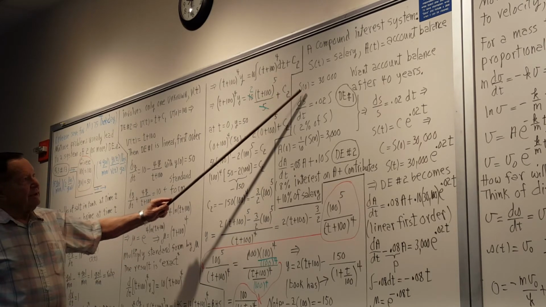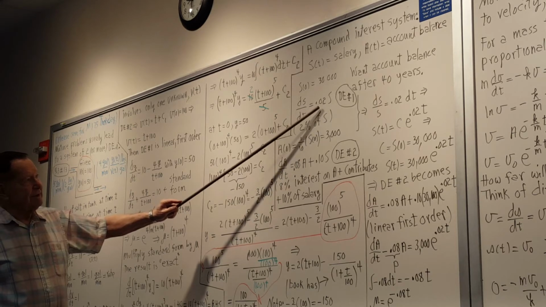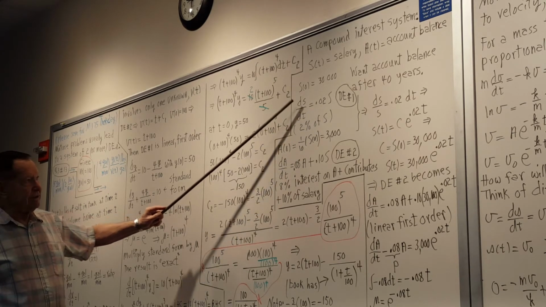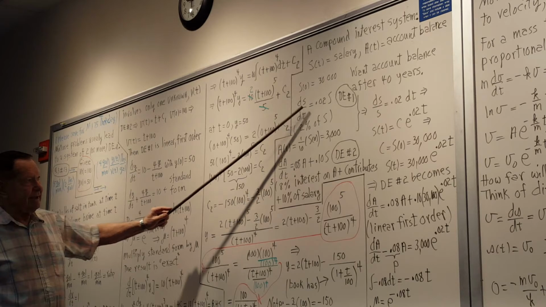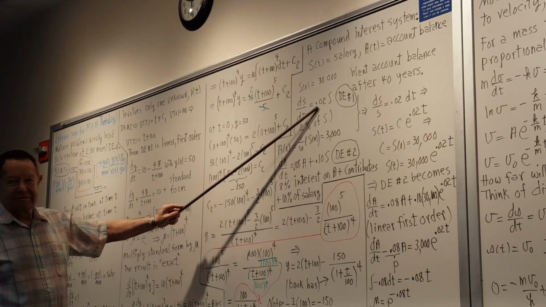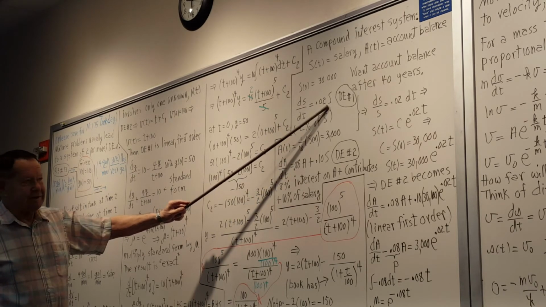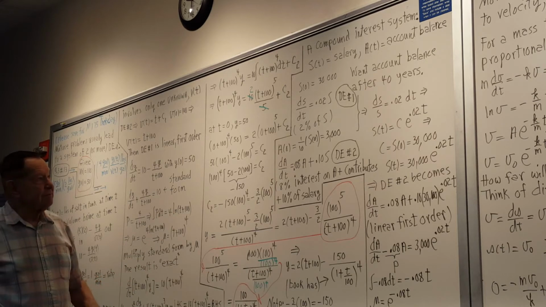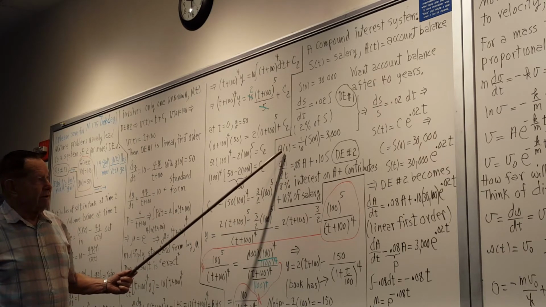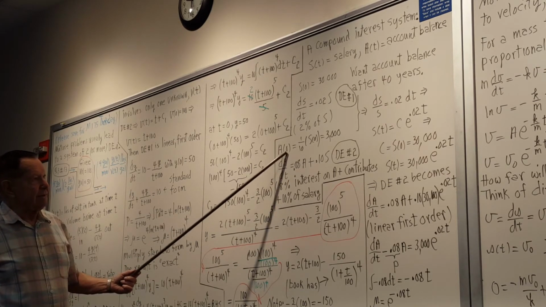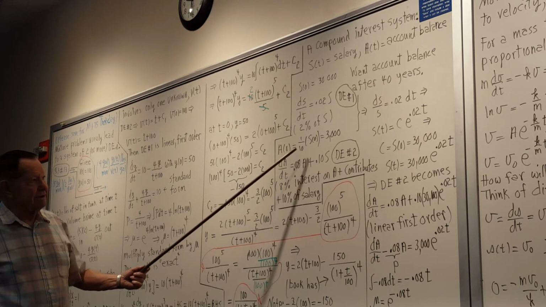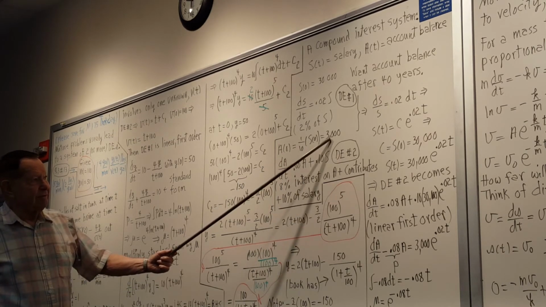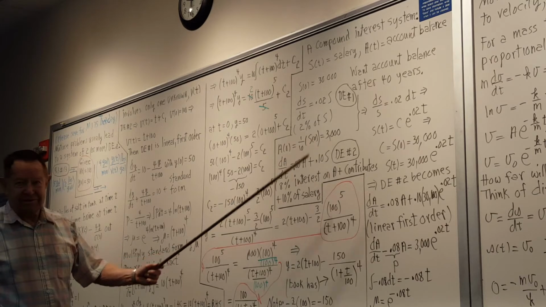So you have continuous increase in your salary, so that says dS/dt is 0.02 times the salary. You're also told the beginning amount in the savings account is a tenth, so that's 3,000.